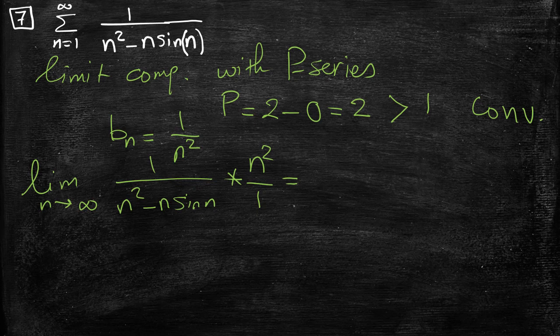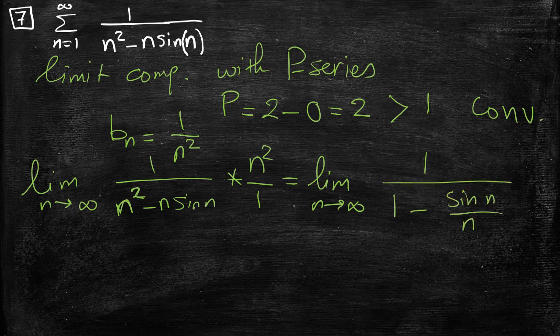So to get this limit, the easiest way, if this polynomial gives some confusion for some of you, is limit as n approaches infinity. I'll divide by n squared everywhere, so this will be 1 minus sine n over n.